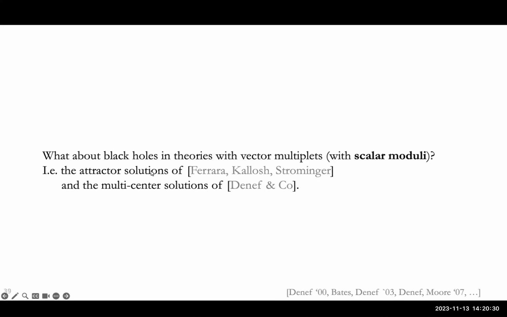So now let's go to even more complicated theories. So what about black holes in supergravity theories that have vector multiplets in which you turn on scalar moduli at asymptotic infinity? So these are the old attractor solutions of Ferrara, Kallosh, and Strominger, and the multi-center solutions of Denef and company.